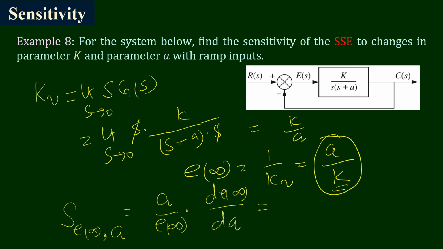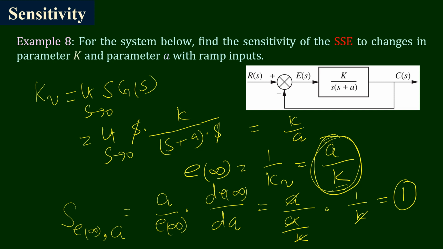In this case it will be A divided by A upon K, times the derivative of A upon K, which is 1 over K. So this K will cancel with this K, and A will cancel with this A. We get the sensitivity of the steady state error with respect to parameter A is 1.